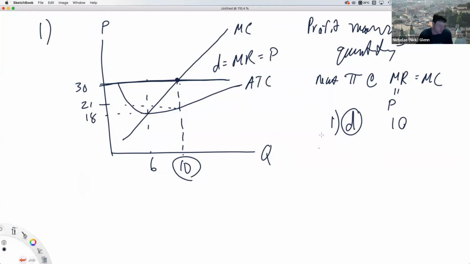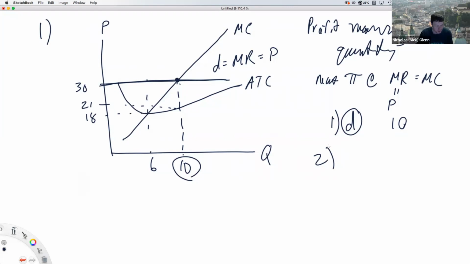Okay. Question 2 is asking, if the market price is 30, what is the short run profit for the firm? Well, the short run profit of the firm, because we know it may not stay at this. That's the thing in the long run. The price right now is above the average total cost, but in the long run, that trends towards where they're equal to each other.